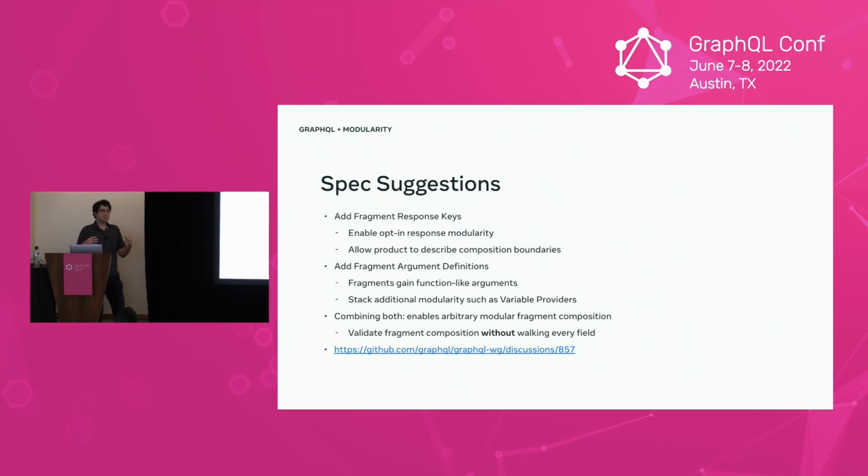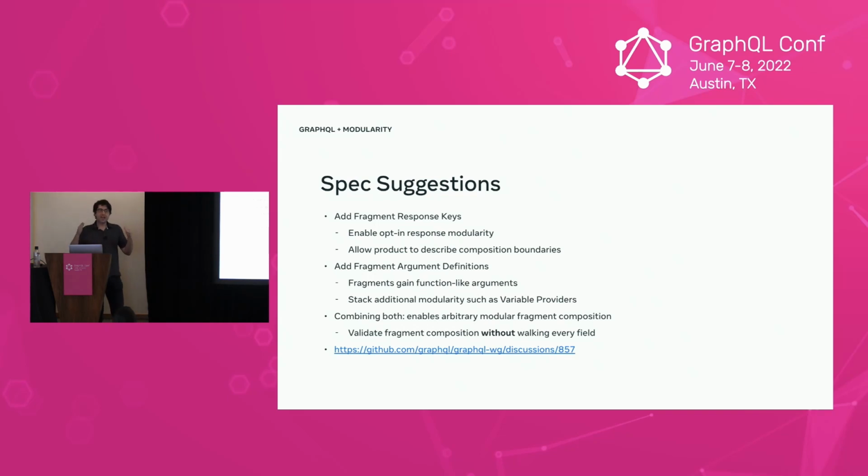So the end result of all this is that we've got a few spec suggestions, really two. One, we really, really want fragment response keys. We want something where we can say at this point, you don't have to worry about that field entanglement problem.